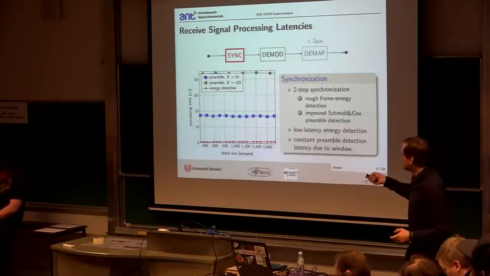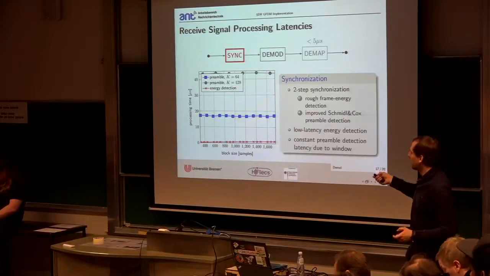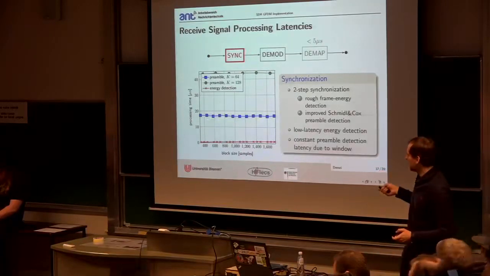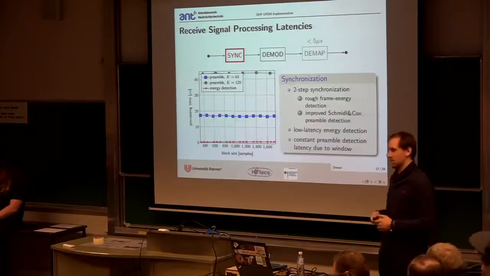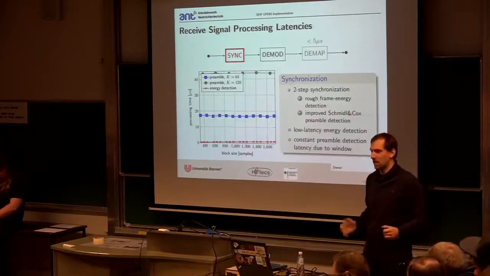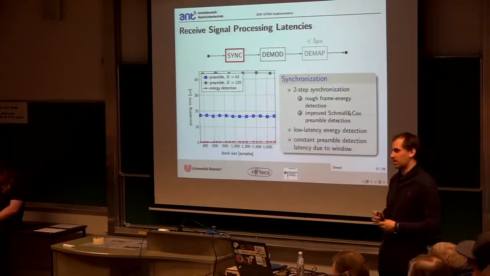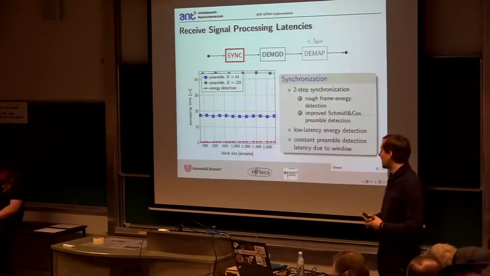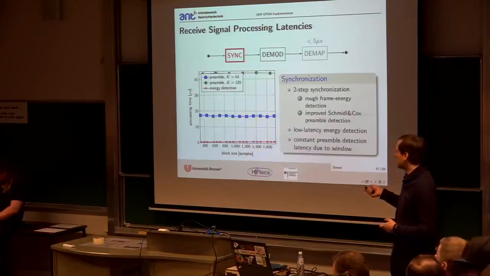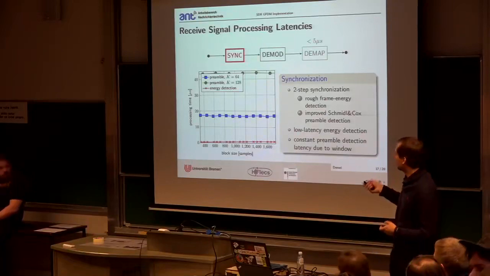And now here you can see that depending on the number of subcarriers, our implementation increases in terms of latency. So for one frame, we want to just synchronize, find the correct position of our frame, and depending on the number of subcarriers, this might take like 18 microseconds or over 40.